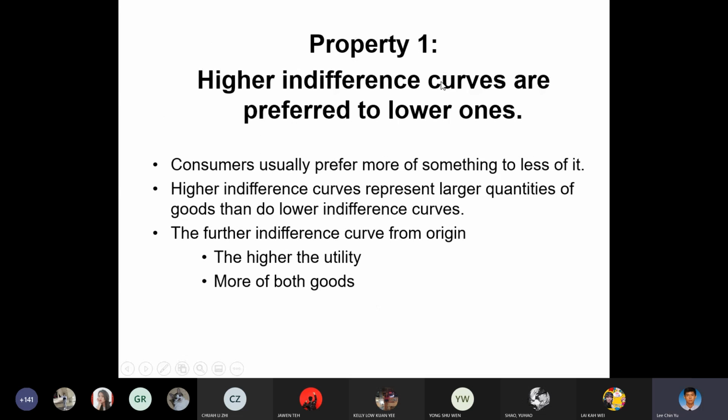The first one, higher indifferent curves are preferred to lower ones. Higher indifferent curves give you a higher level of satisfaction. Consumers usually prefer more of something to less of it. Higher indifferent curves represent a larger quantity of goods than lower indifferent curves. The further the indifferent curve from the origin, the higher the utility, and it also represents more of both goods that can be consumed.